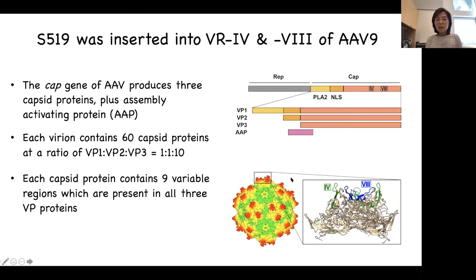More importantly, loops 4 and 8 are located at the threefold axis of symmetry, which is most protruding on the surface of AAV. As you see here, loop 4 is hanging in the air to the outside, and loop 8 also. So we inserted the S519 peptide at the tip of loop 4 or loop 8 and made the virus.